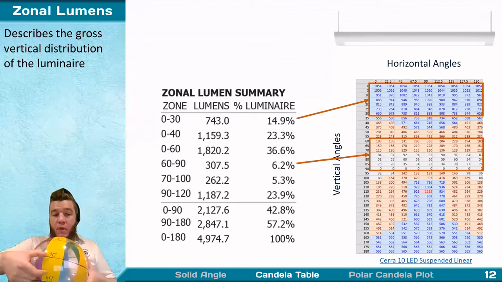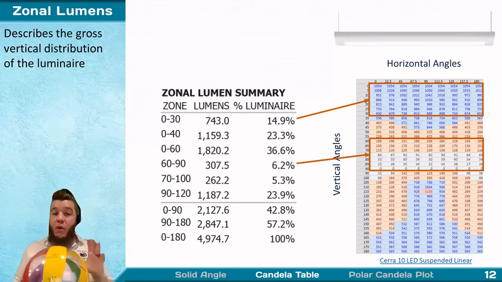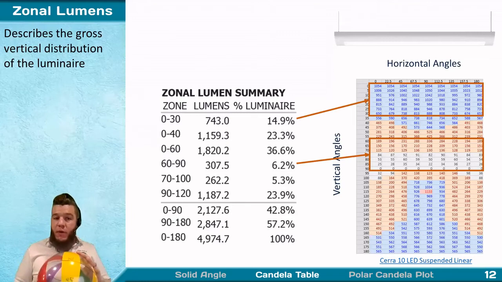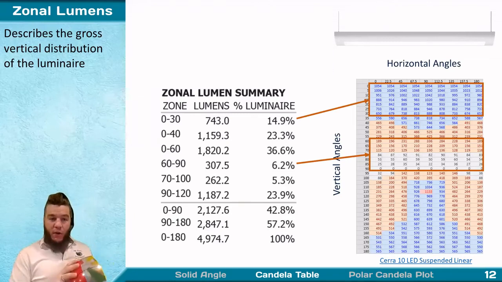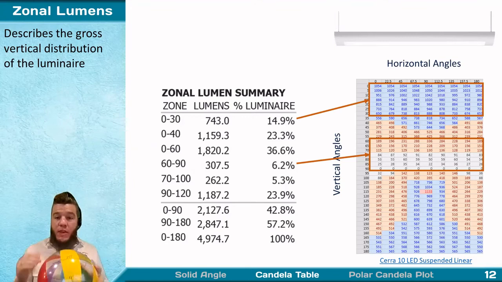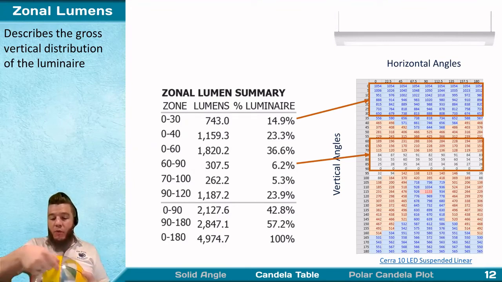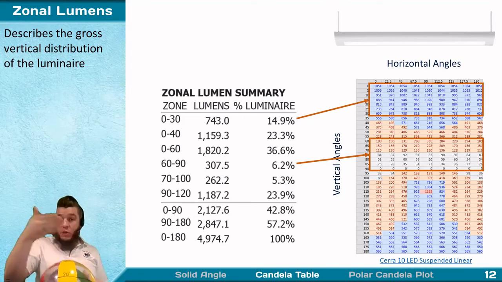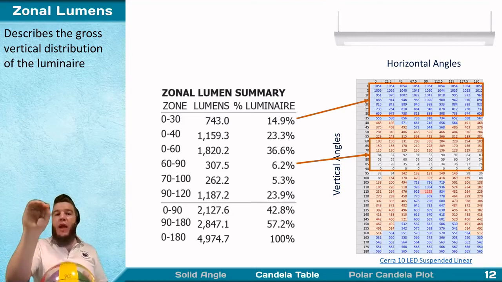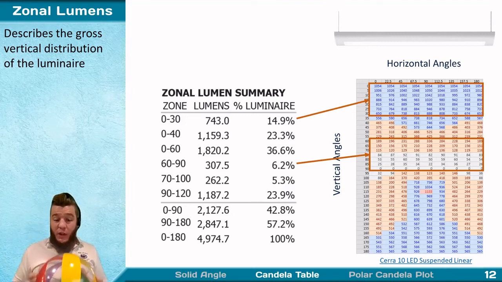Why is the 60 to 90 zone relevant? This is our glare zone. If your luminaire has a high output right along vertical, those are the sight lines when you're looking across the room where you can directly view the luminaire. And that's not great if it's putting out a lot of light right below horizontal.